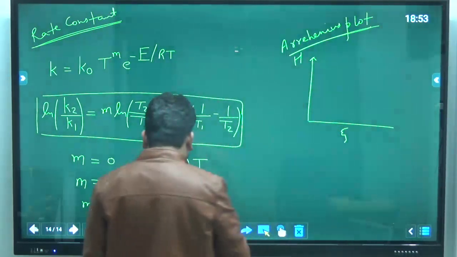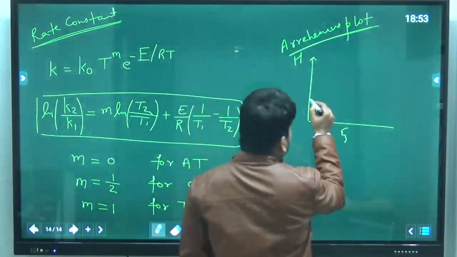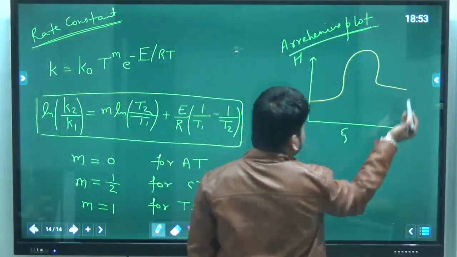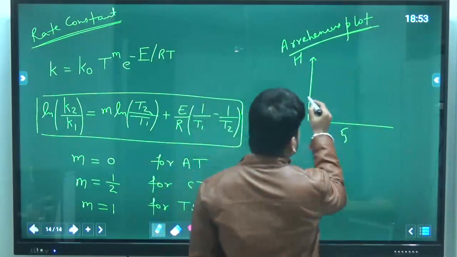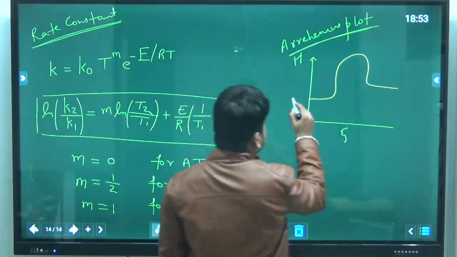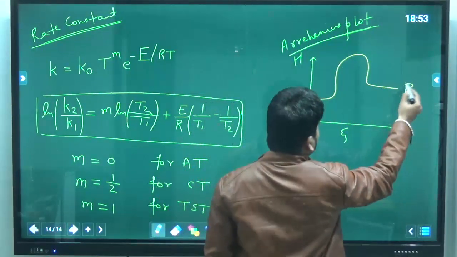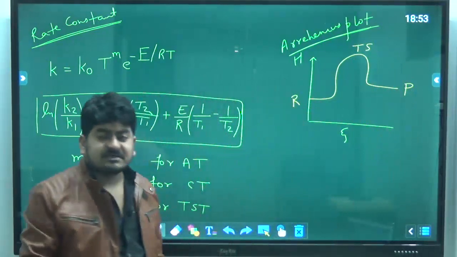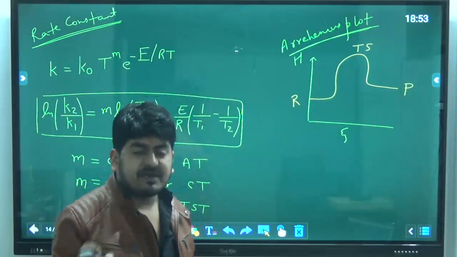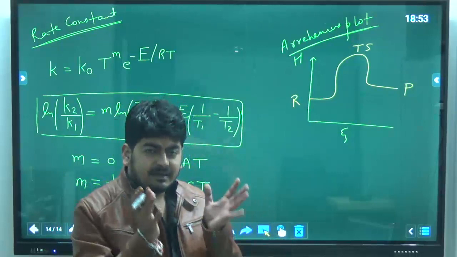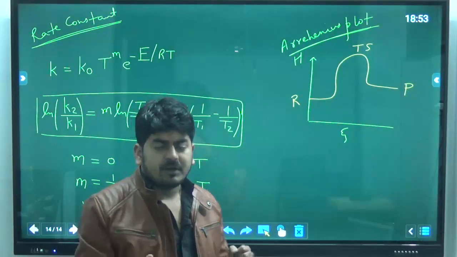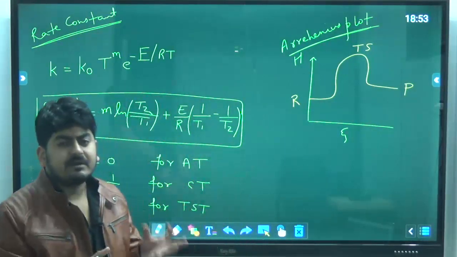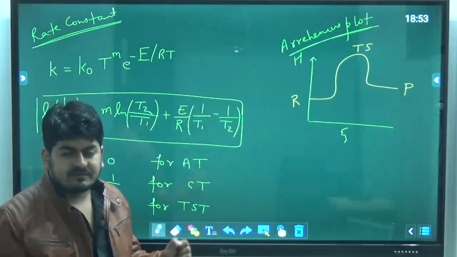So here the Arrhenius plot is something like this. This is the reactant, this is the product, this is the transition state. What is the transition state? Transition state is that state where all atoms are in free form. There is no bonding between them.